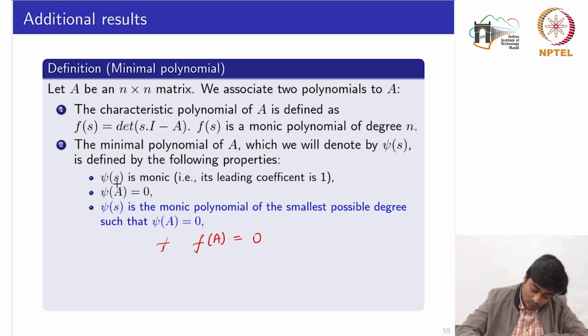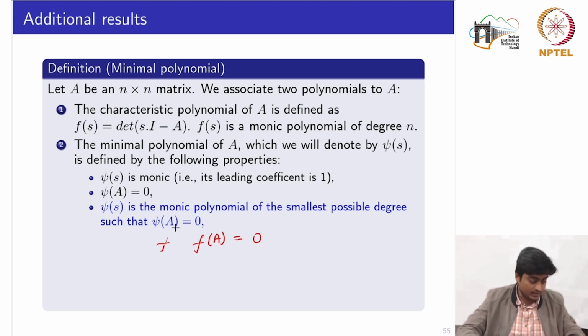In addition, psi of s is the monic polynomial of the smallest possible degree such that psi of A is equal to 0. We will consider a couple of examples by which you would get a clear picture of how to compute this minimal polynomial.